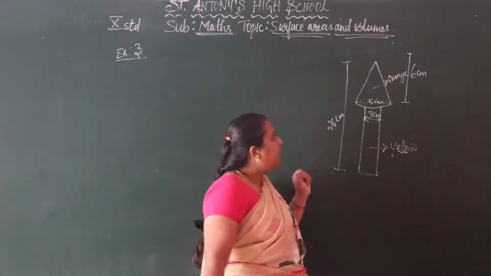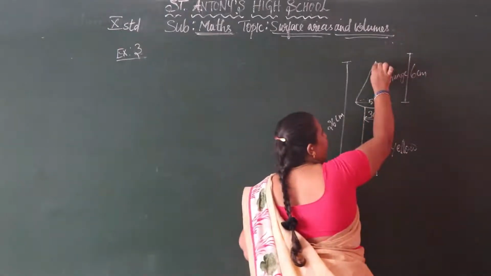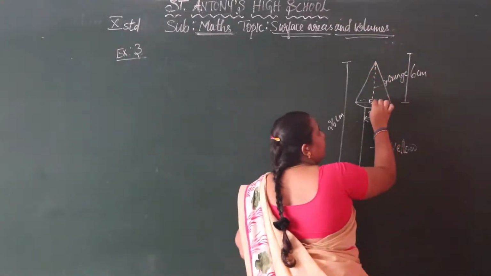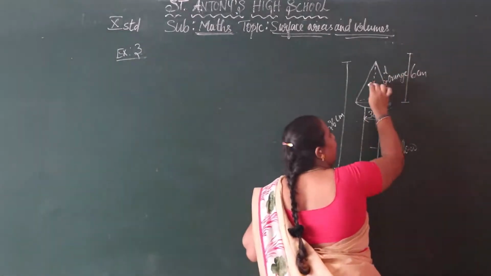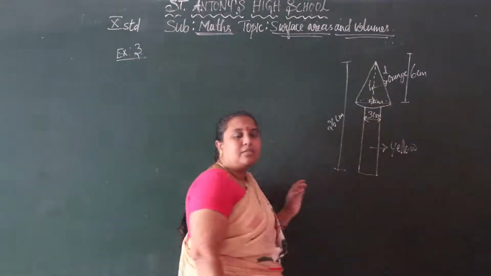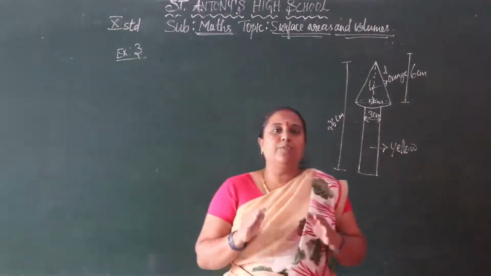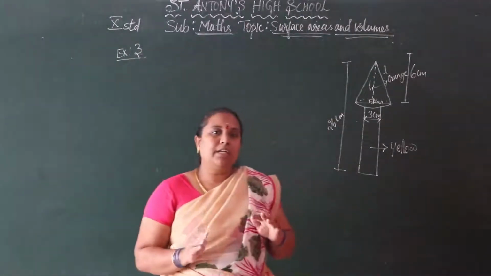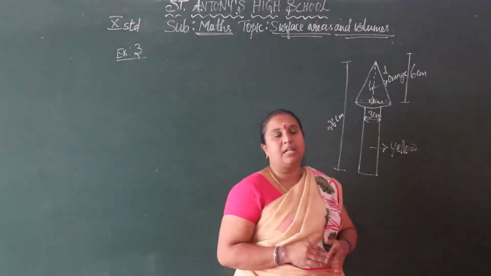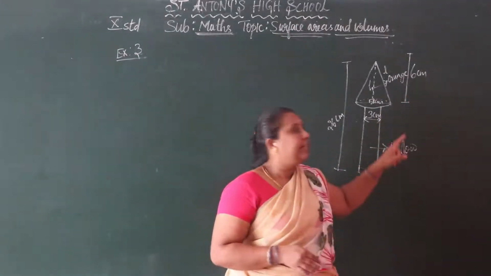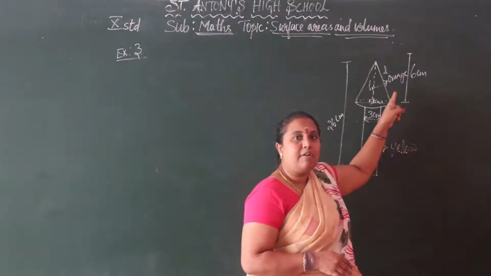So this is height h, and this is slant height l. In the conical part we know the height h is 6 centimeters, but we don't know the measurement of l.